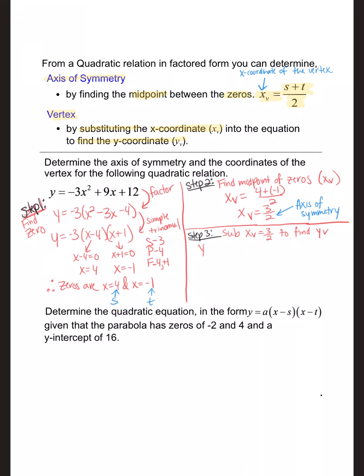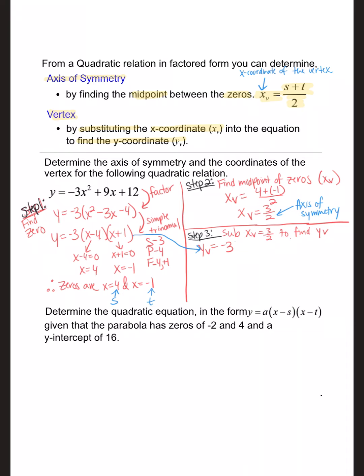Okay, so the y value of my vertex is going to equal, and I'm going to substitute into the factored form. So I'm subbing in to this equation here. I'm using the factored form of the equation. It's a little easier to work with than exponents. You can sub into either equation.